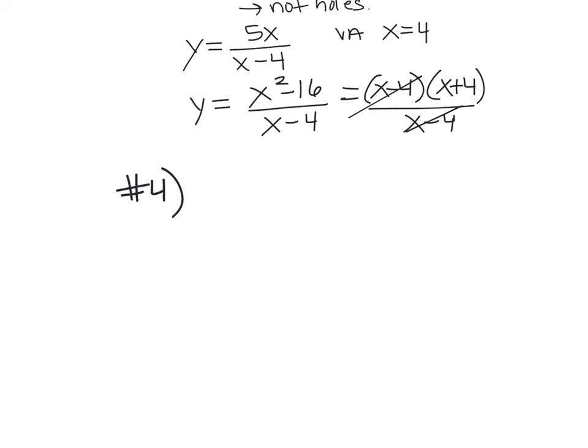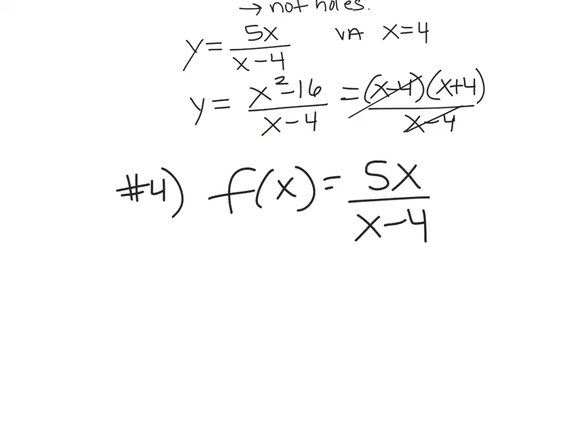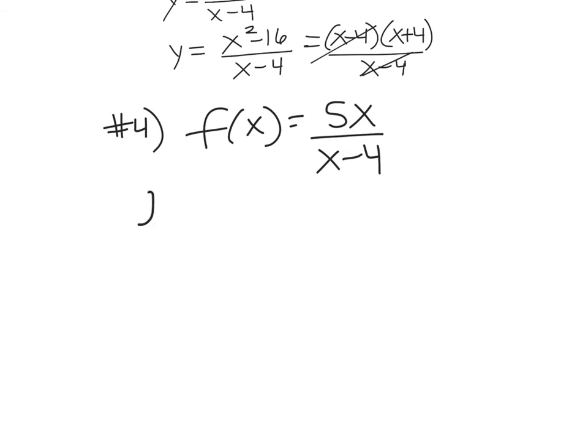And we will do y equals 5x, let's call it f of x equals 5x over x minus 4. And we are going to take the limit as x goes to 4 from the right of f of x.